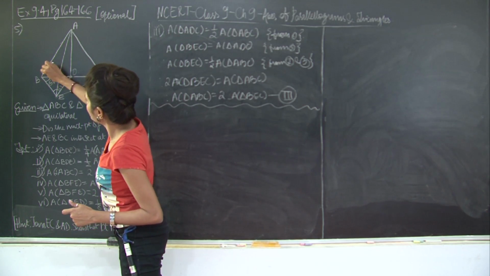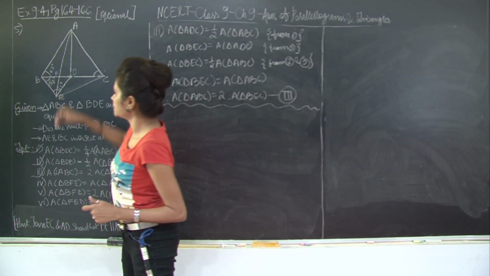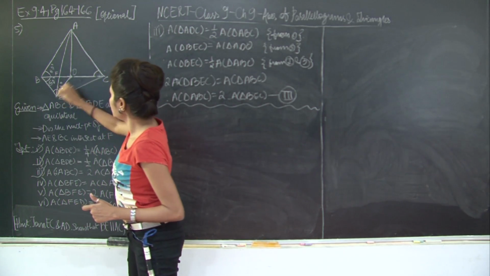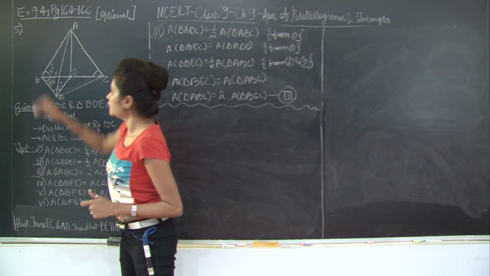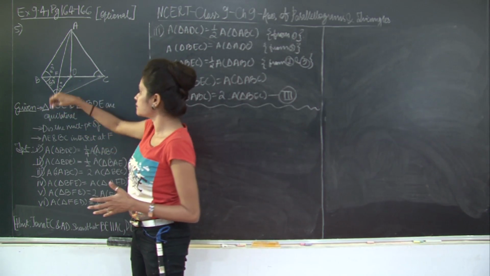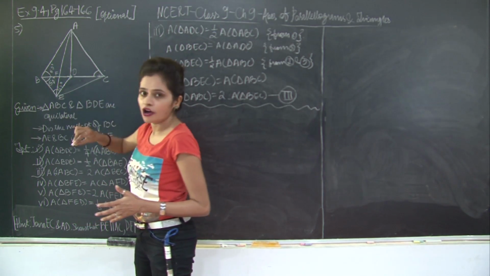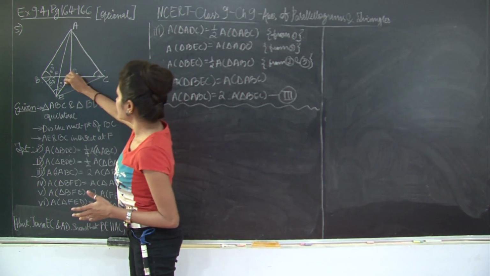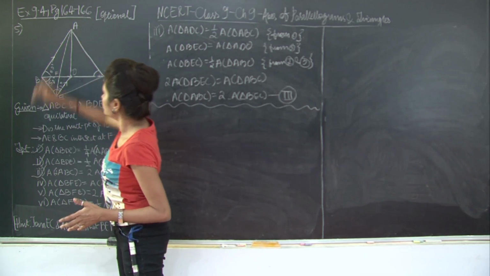So, 60 plus 60 plus 60 is 180 degrees. And also these angles ABE and DEB, they form a pair of interior angles on the same side of the transversal BE for lines DE and AB. Therefore, what can I say? That DE is parallel to AB.